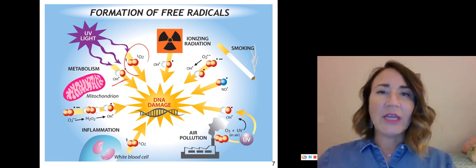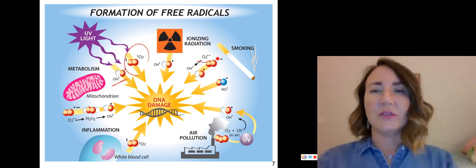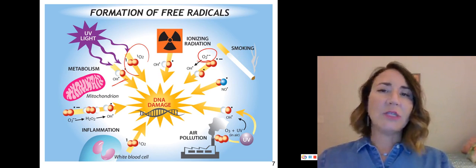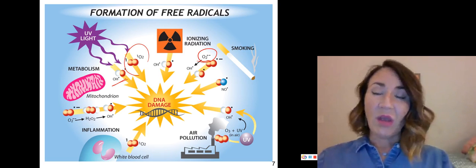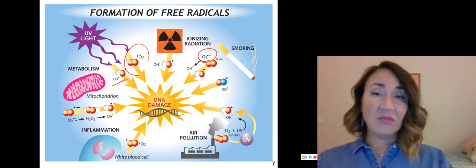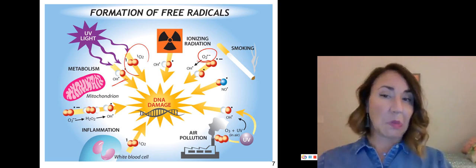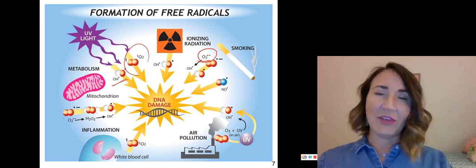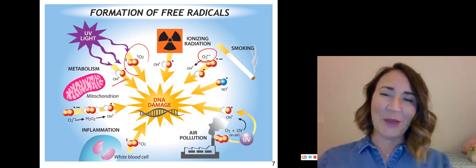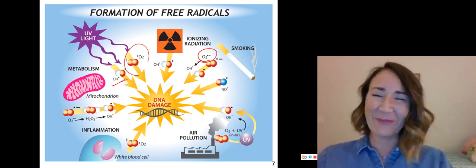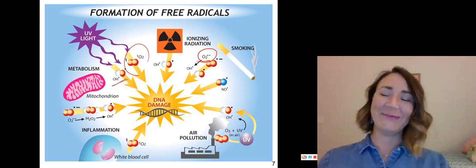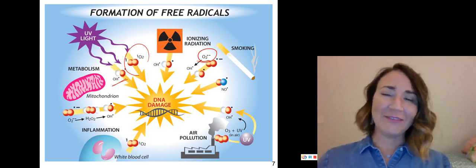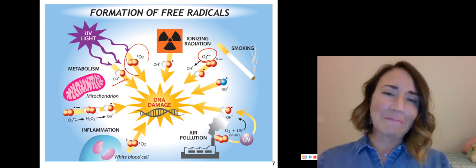Ionizing radiation, this is a superoxide free radical, O2 with that extra electron, and that can take place because of things like smoking. Nitrogen oxide free radicals also are a product of smoking. Air pollution, so here in the valley when we have the dust bowl that rolls in from LA, that smog or pollution that comes in, can result in hydroxide free radicals.